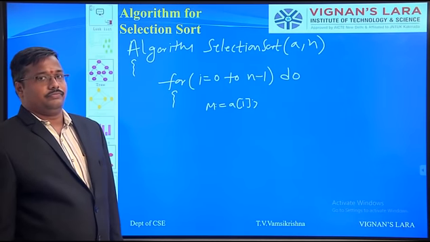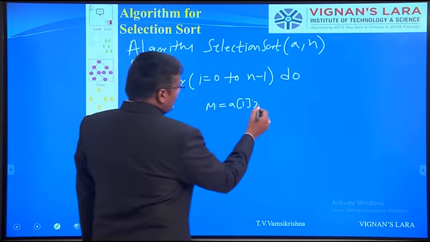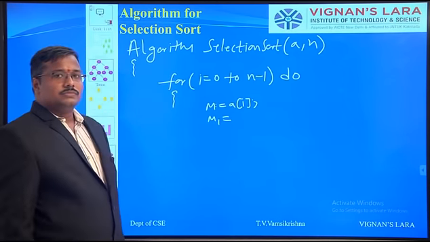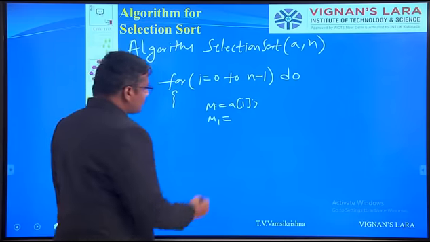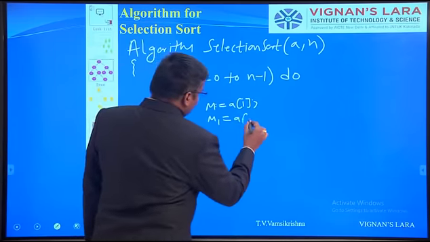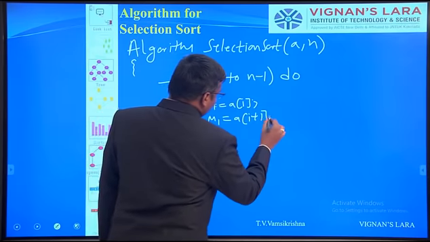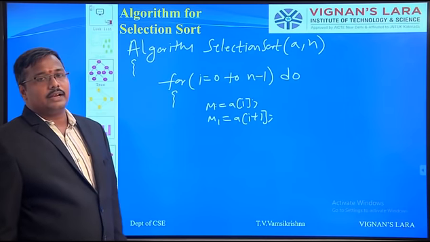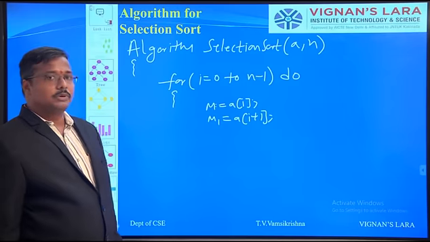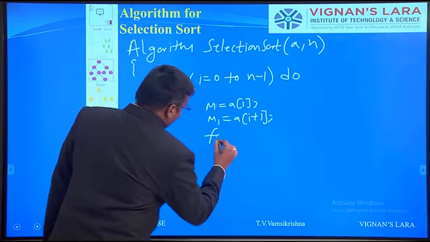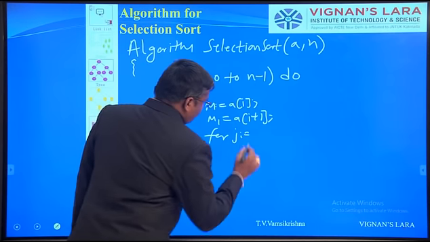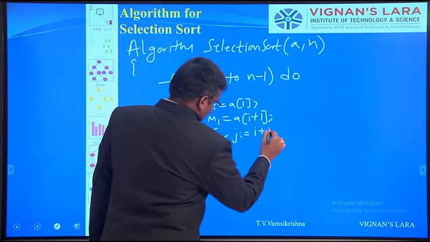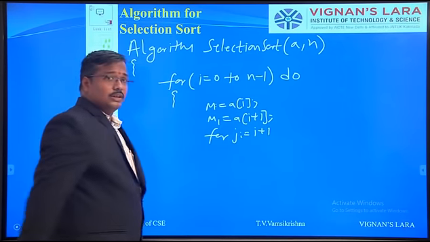Very simple logic to find the minimum from the list: say m1 is equal to A of i plus 1. In the rest of the array we take the first element as the minimum element. So here for j equal to i plus 1.